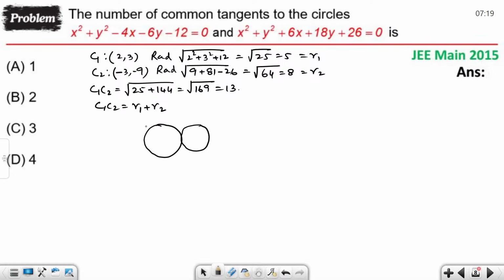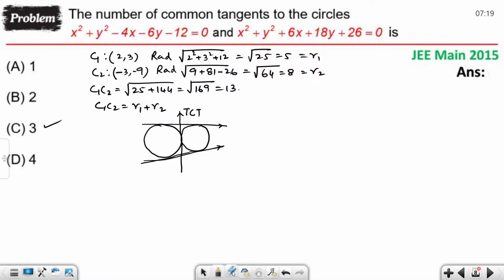So in that case, we can easily see that there are 3 common tangents. One is this, another one is this, and the third one is this. These 2 tangents are direct common tangents, and this tangent is called the transverse common tangent. Hence, there are 3 common tangents possible to the given circles. Hence, option C is correct.